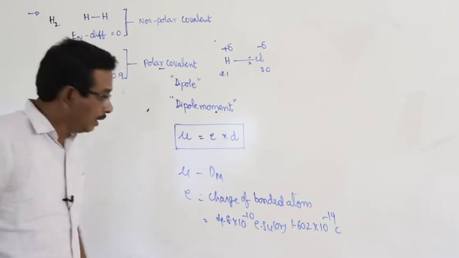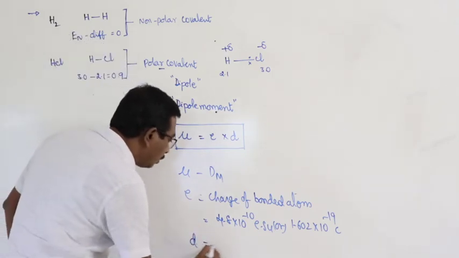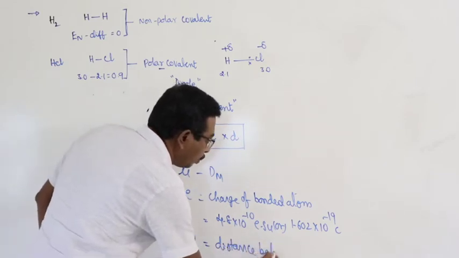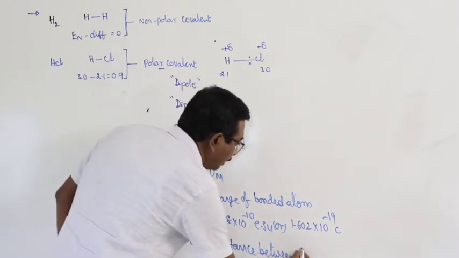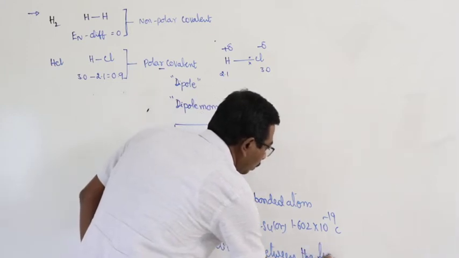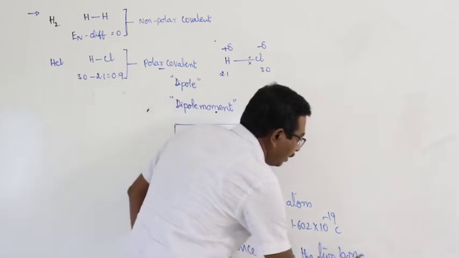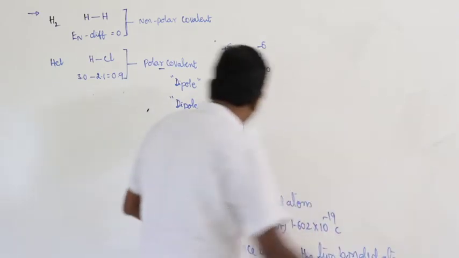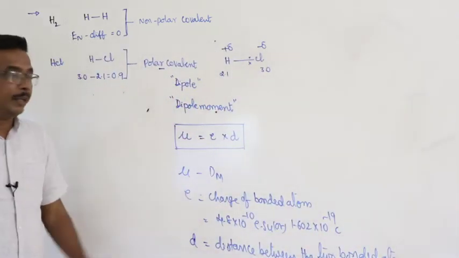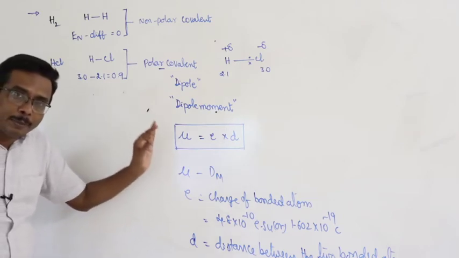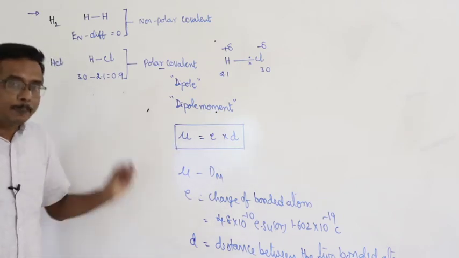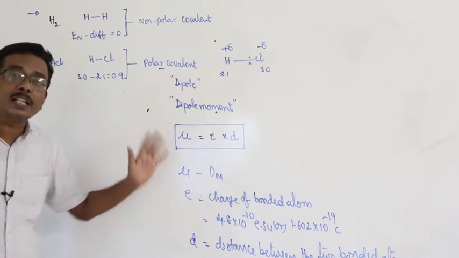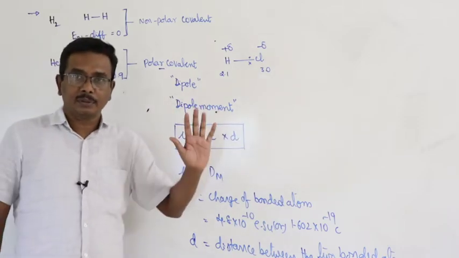And here D is equal to distance between the two bonded atoms. Here this is dipole moment. Dipole moment may be defined as the product of charge of any one of the two bonded atoms and the distance between the two bonded atoms.